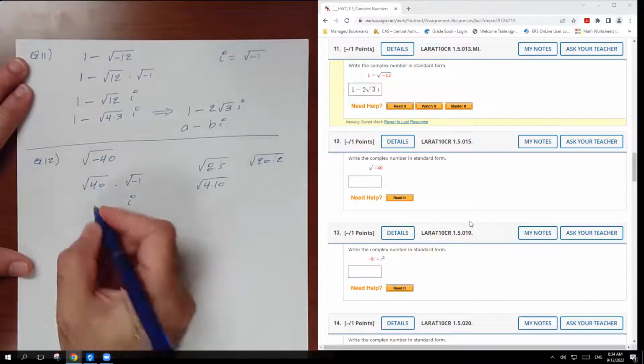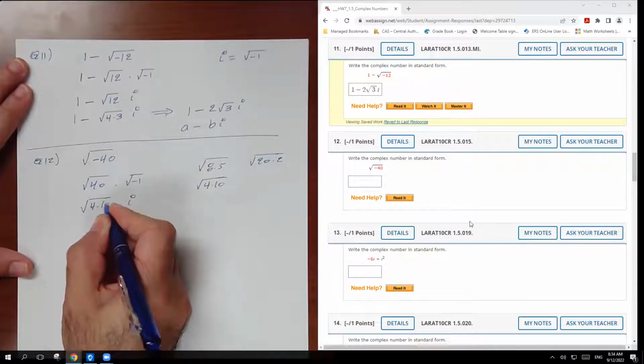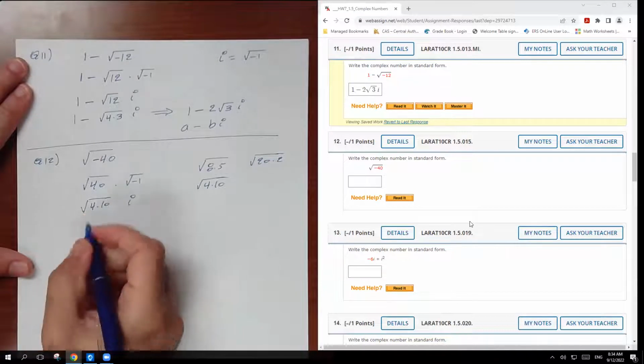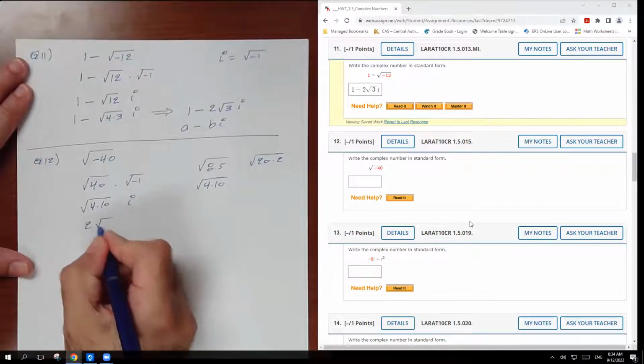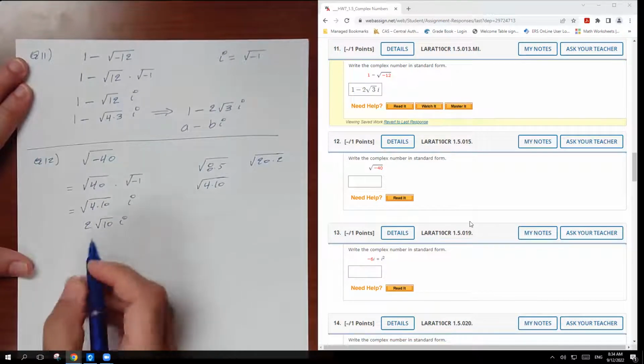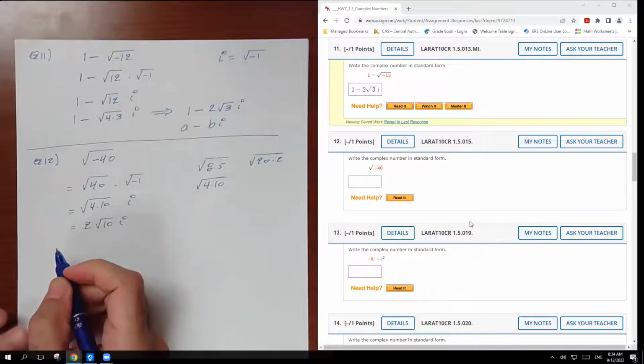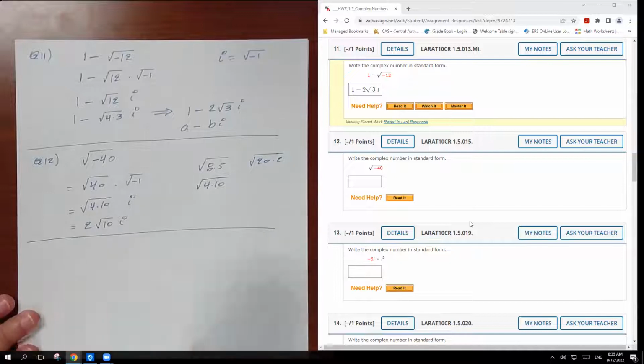I'm going to use the square root of 4 times 10, because there's the square root of 4, which is 2, and the square root of 10. Here's the i. Also, I'm going to make sure the i is outside the root. That's how we're going to solve this example.